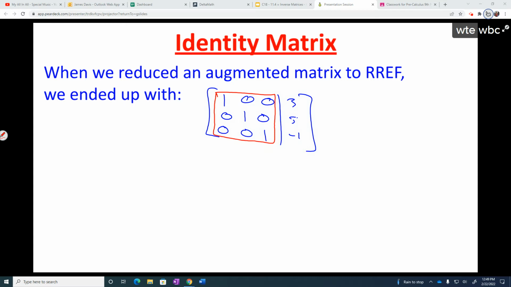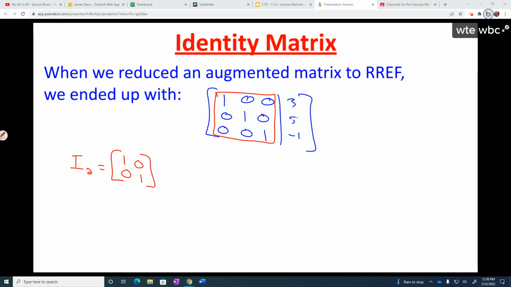The identity matrix could be a 3 by 3 like this one. It could be a 2 by 2. But it looks like this with ones on the diagonal and then zeros everywhere else. How we write this in math, we just use I for identity. If we put a little 2 there, that means a 2 by 2 identity matrix, like this, which we've used.